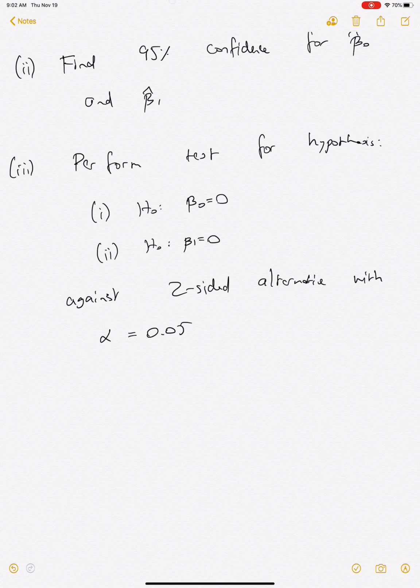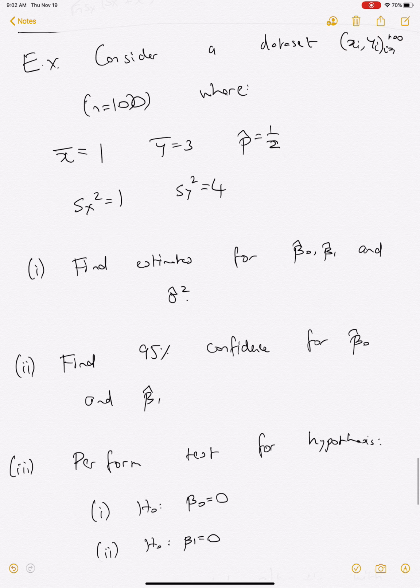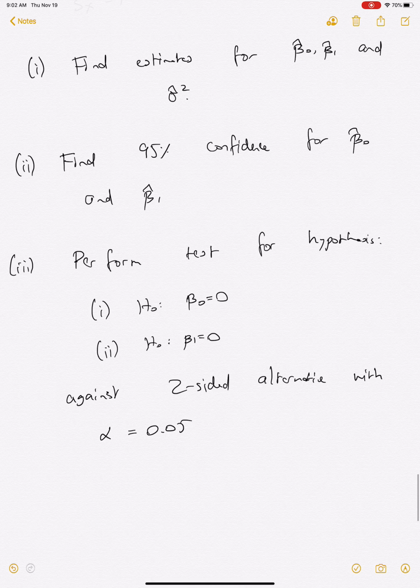Hopefully you're already thinking that 2 and 3 are going to be related because of the duality between hypothesis testing and confidence intervals, and we'll talk about that more shortly.